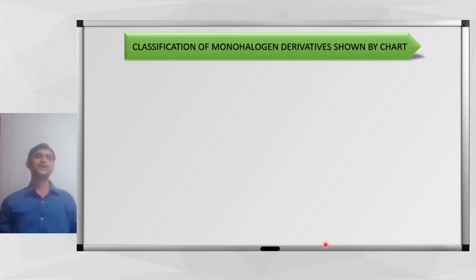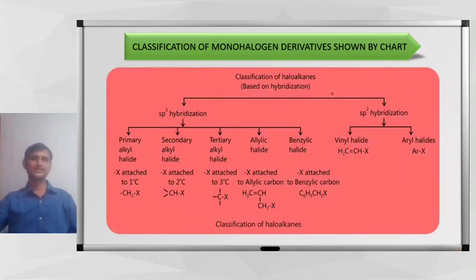Now see the classification of monohalogen derivatives shown by a chart. See the chart, we are going to simplify it. See the classification of haloalkanes based on hybridization, sp3 hybridization and sp2 hybridization. The sp3 hybridization is further classified into primary alkyl halide, secondary alkyl halide, tertiary alkyl halide, allylic halide, and benzylic halide.